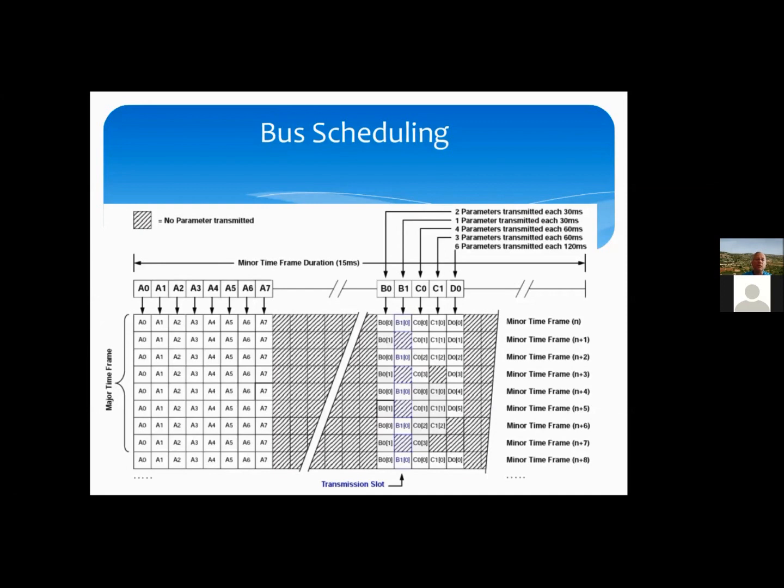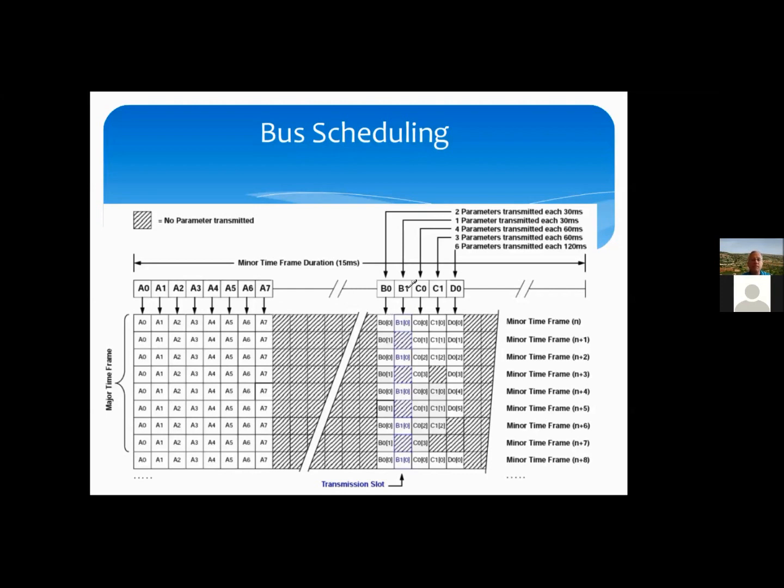So the first thing he'll do is say, all right, what are the most important messages? The messages that have to go out every single frame. Those are messages A0 through A7. And what a frame is, he's going to determine that too. Let's say, for argument's sake, a frame is 100 milliseconds, which is a reasonable number. So he's going to say, okay, these 8 messages are so important that they're going out every 100 milliseconds.